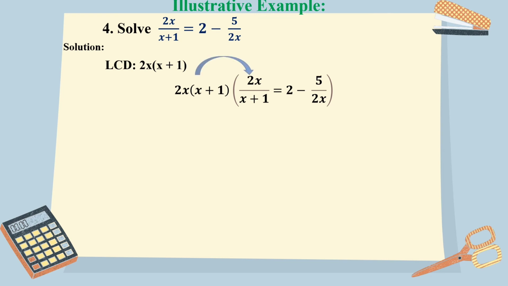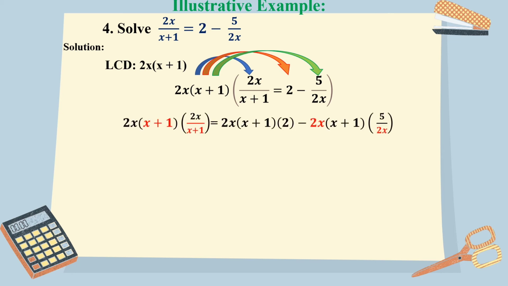2x quantity x plus 1 times 2x over x plus 1. And then, 2x quantity x plus 1 times 2. And 2x quantity x plus 1 times negative 5 over 2x. Now, this is the expanded form of the equation.